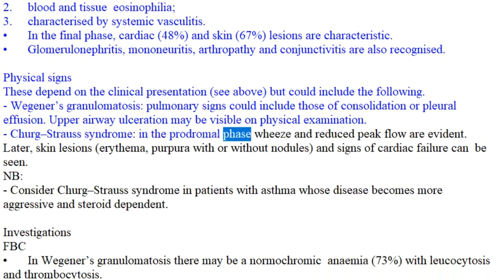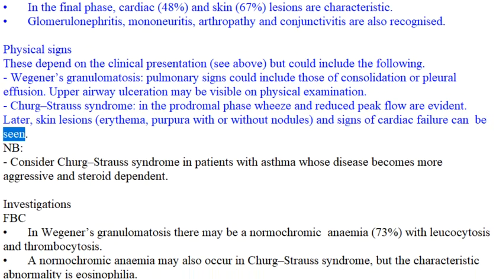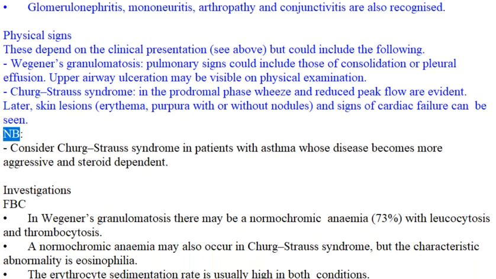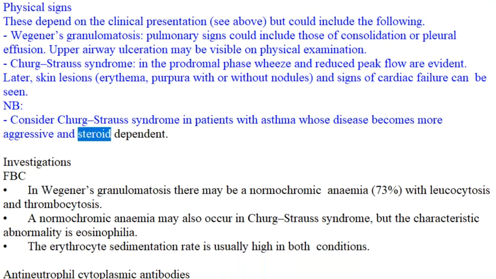In the prodromal phase, wheeze and reduced peak flow are evident. Later, skin lesions, erythema, purpura with or without nodules, and signs of cardiac failure can be seen. NB. Consider Churg-Strauss syndrome in patients with asthma whose disease becomes more aggressive and steroid dependent.